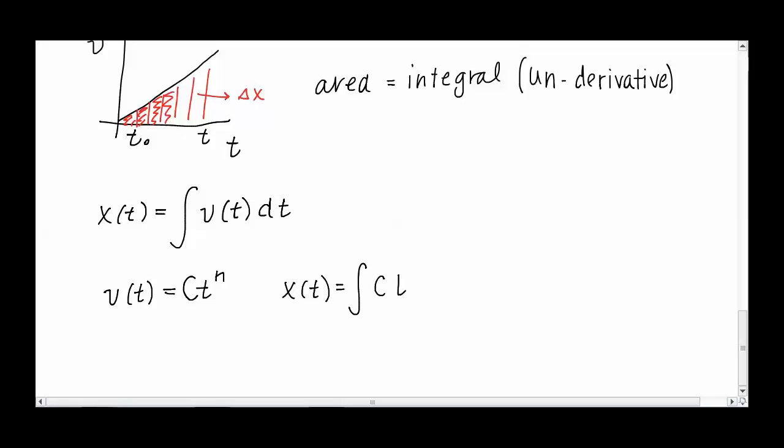So the integral of c t to the n dt, where n is your exponent there and c is a constant. Take t to the n plus 1. Remember, we're doing the opposite of taking a derivative, so we've got to undo it. Divided by n plus 1.